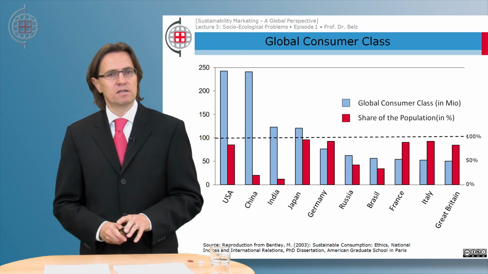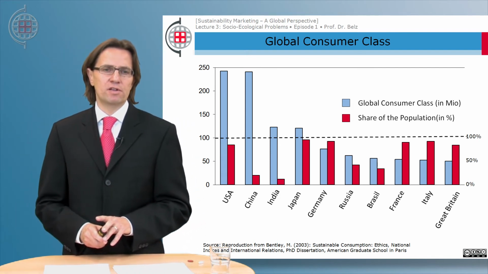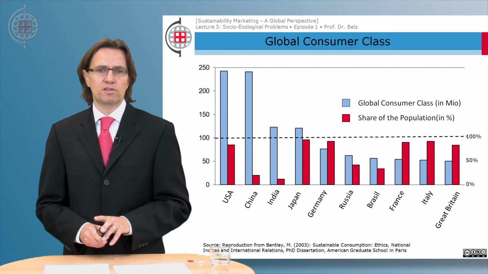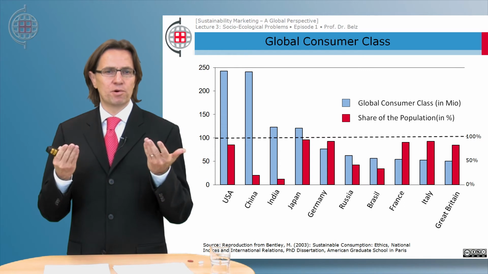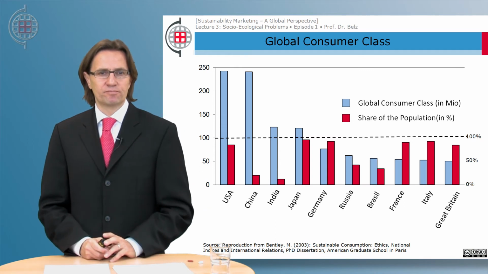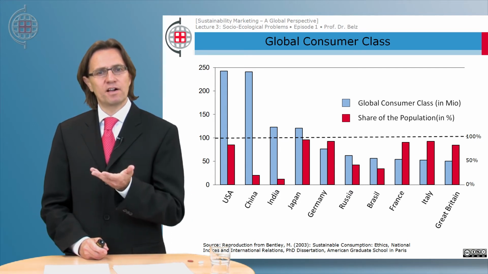Similarly, in India, around 130 million people belong to the global consumer class. This is the middle class or the entrepreneurs living well. The rest of the population is striving to reach similar lifestyles as we do.